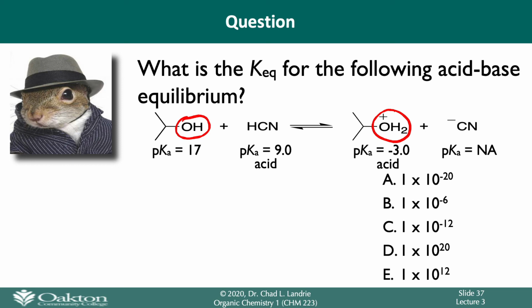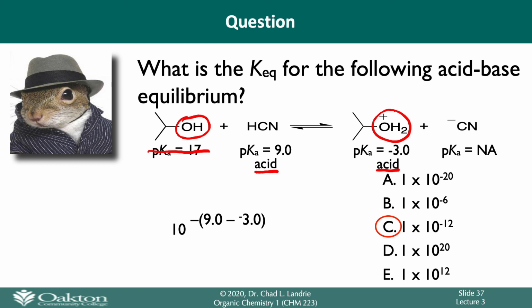All right, so we've picked out who is the acid on each side. That tells us that I don't need the pKa for the alcohol, right, in this equation. Now I can do my math, right? The KEQ is equal to 10 to the negative acid on the left minus acid on the right. And if I do that math, I get 1 times 10 to the negative 12th.